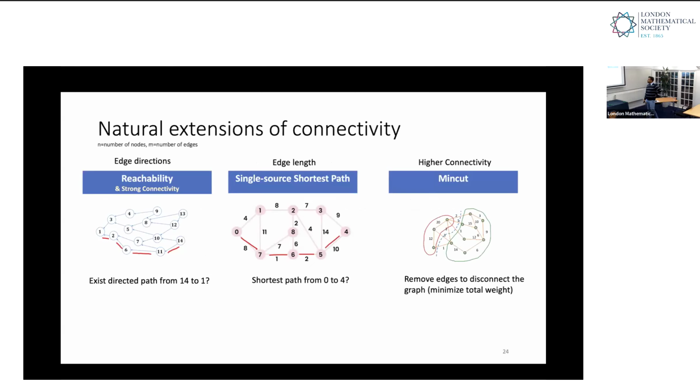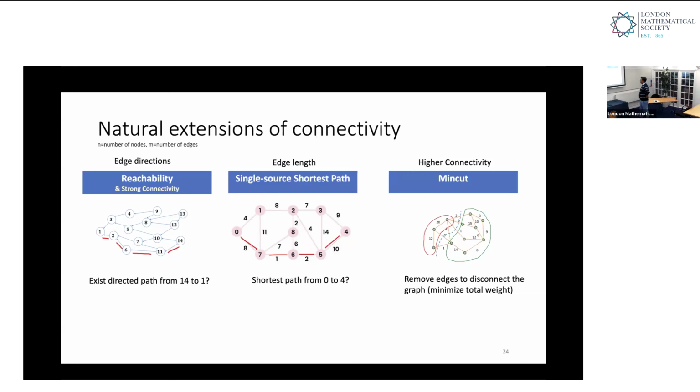You can introduce edge directions to a graph, and now you can ask about reachability and connectivity, right? Whether S can reach T, or what the strongly connected components in the graph are. Or you can give weights on the edges, think of the length of the edges, and you can talk about single source shortest paths, like the shortest path between two vertices, or from a source to all of the vertices.